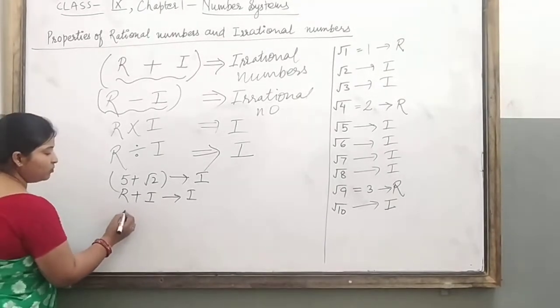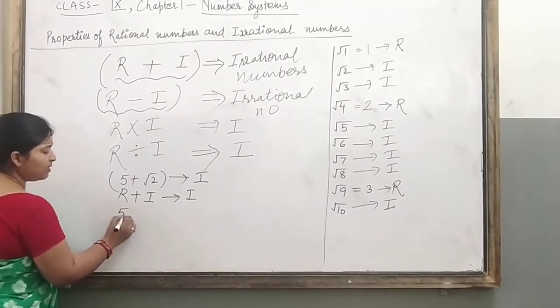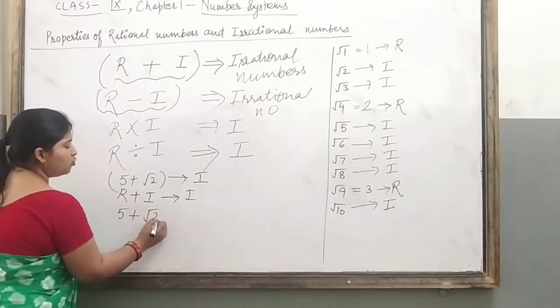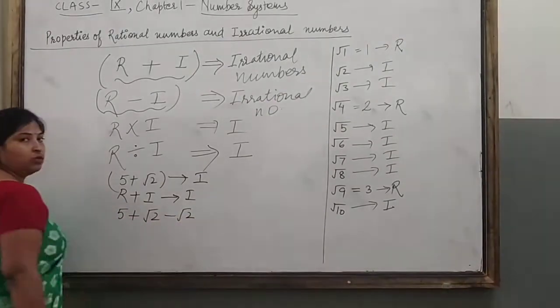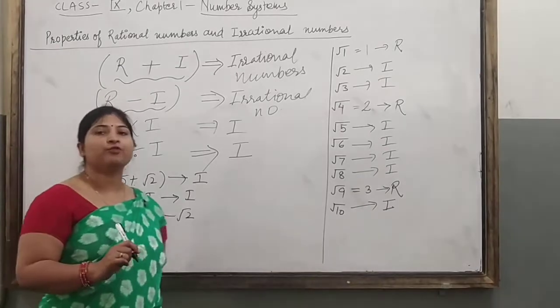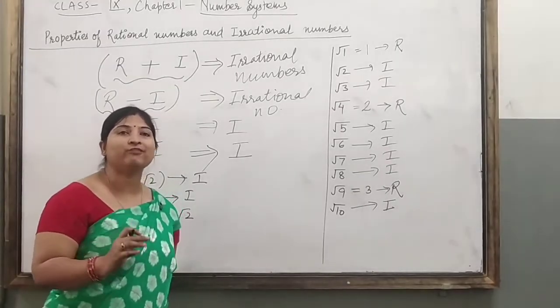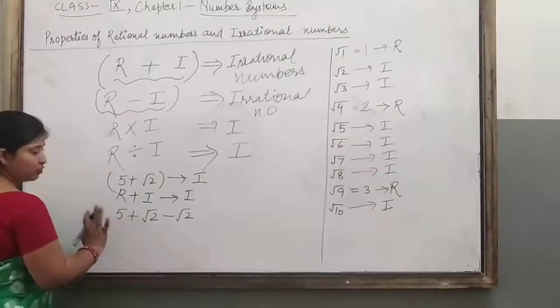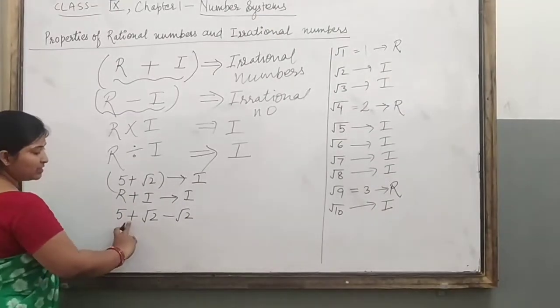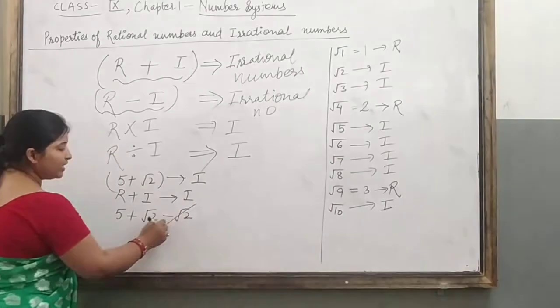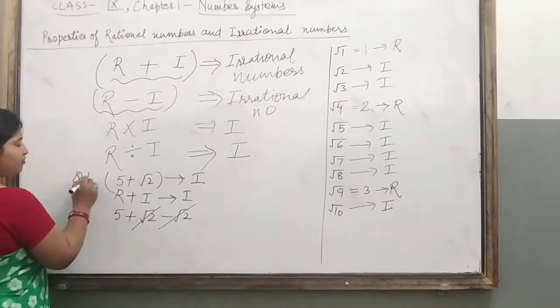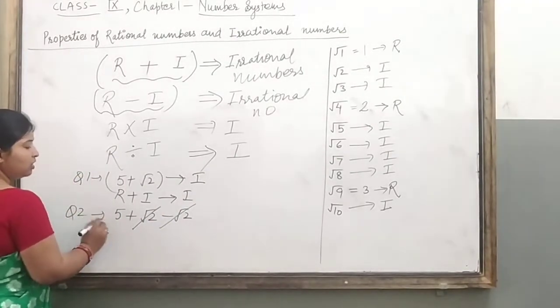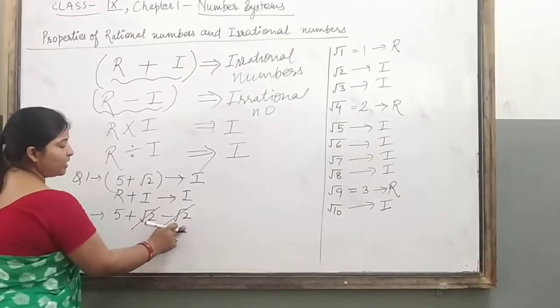Okay. Now a question can come like this also: 5 plus root 2 minus root 2. Whenever you get this kind of question, first of all try to solve or simplify it. Can you see anything? Yes, plus root 2 and minus root 2 we can cancel.